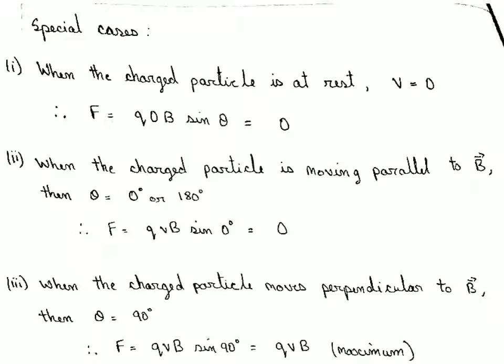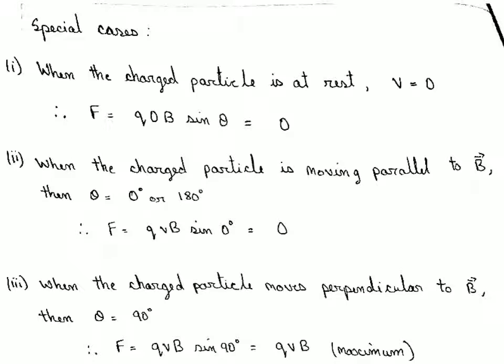So therefore, if the charge moves parallel to the magnetic field, it will not experience any force. So here we have two cases when the charge does not experience any force. One is when it is at rest, the other is when it is moving parallel to the direction of the magnetic field.